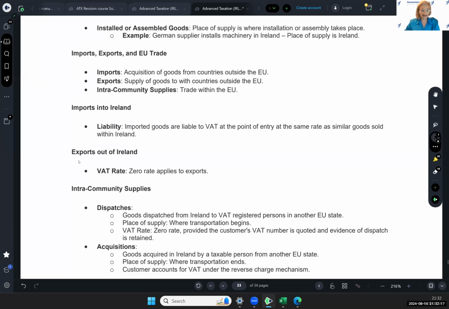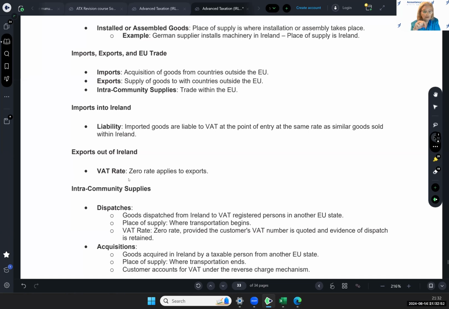Exports out of Ireland, 0 rate. So if I'm exporting, let's say, adults' shoes, it applies to all exports. So I'm exporting to outside the EU, or I'm making an intra-community supply to VAT registered persons. In both cases, the VAT rate I charge on those shoes is 0%.